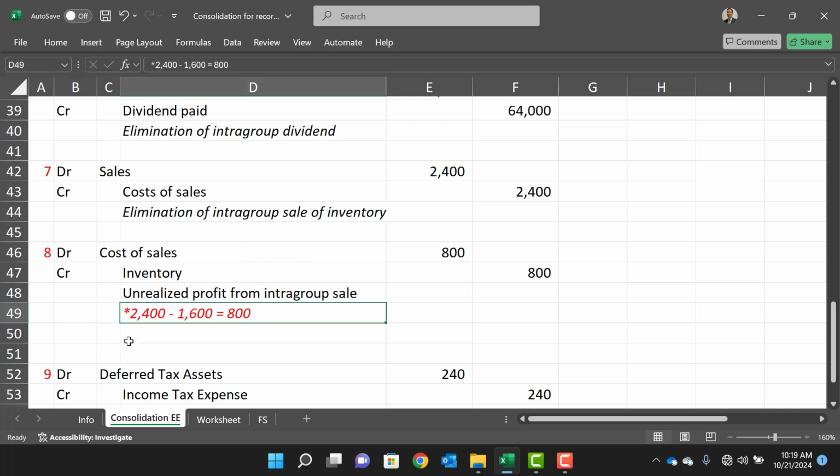Now, in this case, it says that all inventory remains, which means all this should be here. But for example, if only 30% remains in the group, you have to multiply by 0.3. So instead of 800 kina here, it should be 240 kina if only 30% remains.